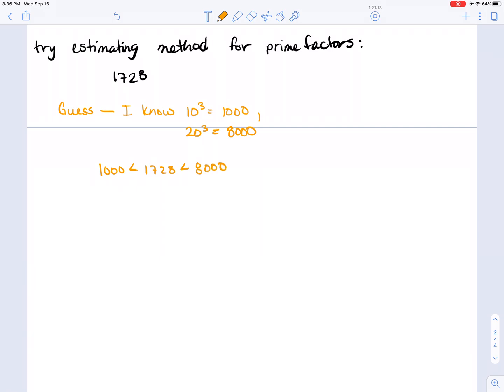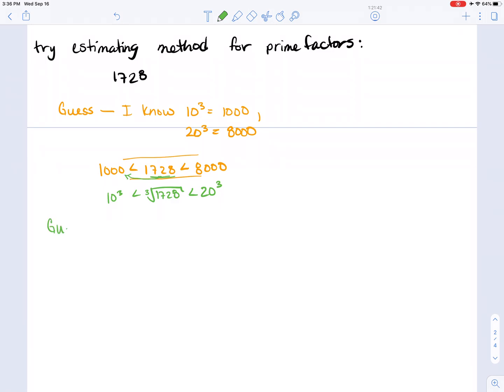So again, it's got to be somewhere between these two numbers. I also know that 10 cubed is less than the cube root of 1728, which is less than 20 cubed. Now, looking at the number, 1728 is closer to 1,000 than it is to 8,000. So I'm going to stay closer to 10 for my guesses.